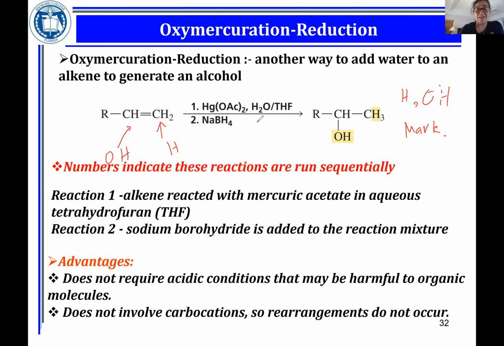The addition, is it a Syn addition or anti-addition? That means that if you had a carbon that was chiral, would the OH be on the same side that the hydrogen was added, or on the opposite side? That is indicated by the mechanism of this reaction. Again, for reactions that have formation of a triangle, it's easier for you to memorize that it is going to be anti-addition.